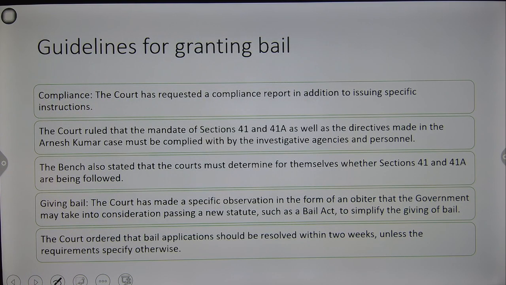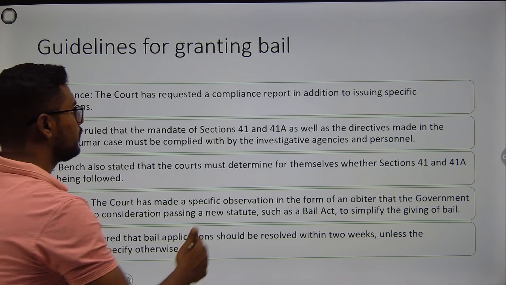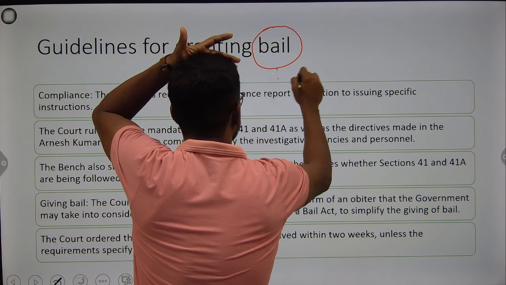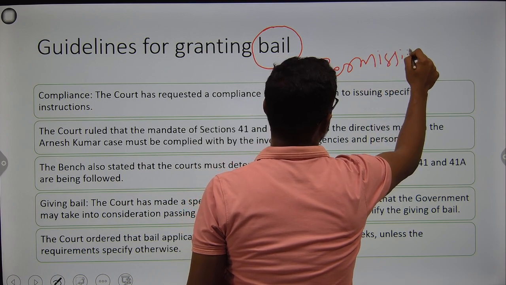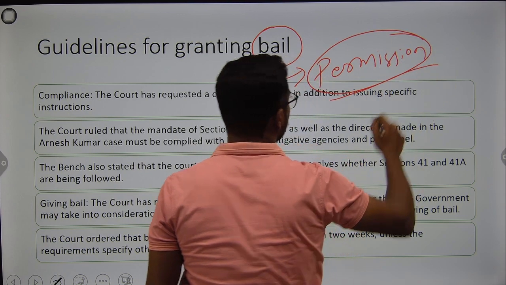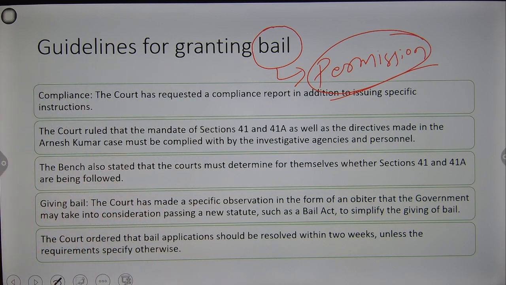Next we have guidelines for granting bail. What is bail? A bail is a kind of permission given to those people who have been arrested, or to those who have been convicted and are under police custody.